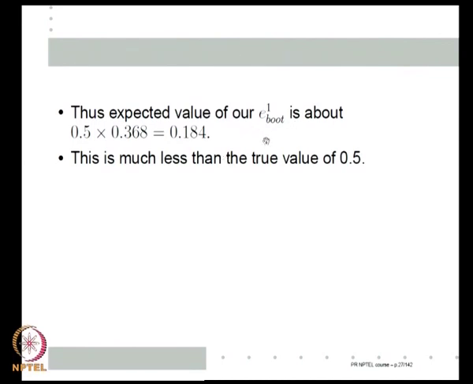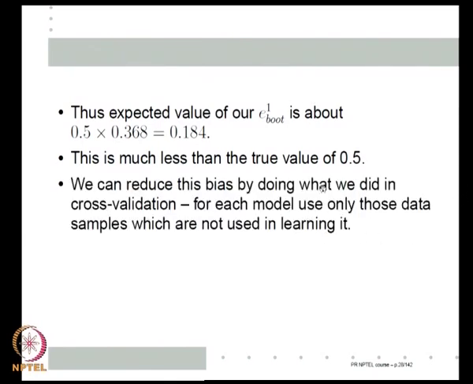So, the expectation of E boot is very far from the true value. So, we have a large amount of bias. So, E1 boot is a highly biased estimator of the true risk of the classifier, and is biased down obviously. So, it is underestimating the error rate.